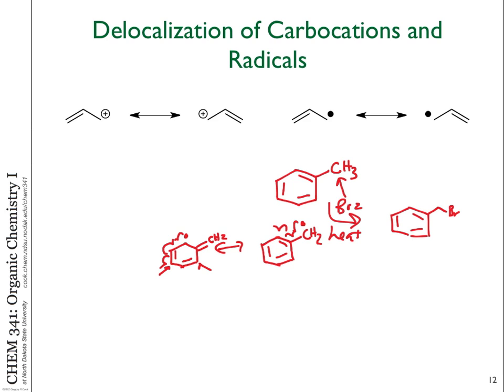Just like we moved a negative charge around when we talk about resonance, we can do the same for free radicals or carbocations. Okay? That's the connection I want you to make because the concept is really the same. Delocalizing charge or free radicals. Any other questions on free radical halogenation and stabilities of radicals and carbocations?